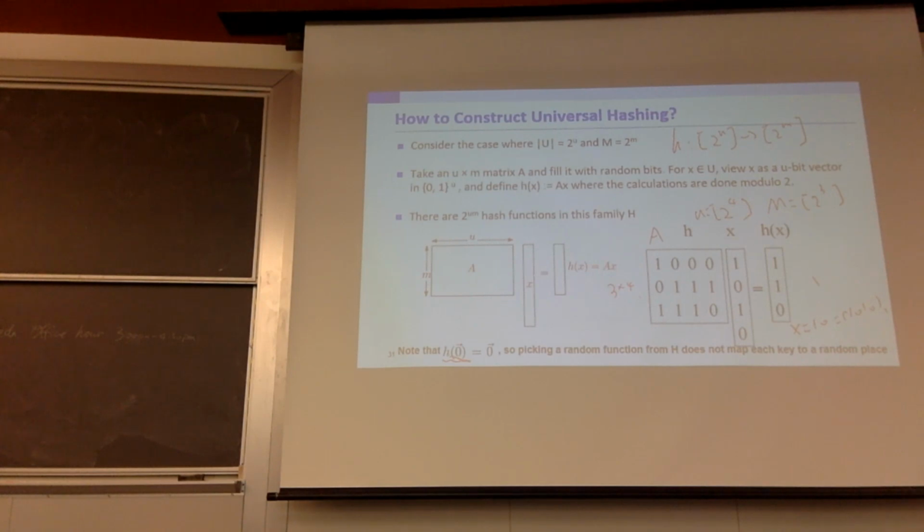To get the highest bit of hx, you do 1 times 1 plus 0 times 0, plus the next entry 0 times 1, plus the next 0 times 0. Finally, you take the modulo of 2, and this gives you 1 here.